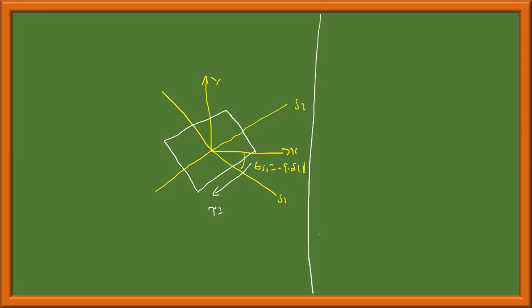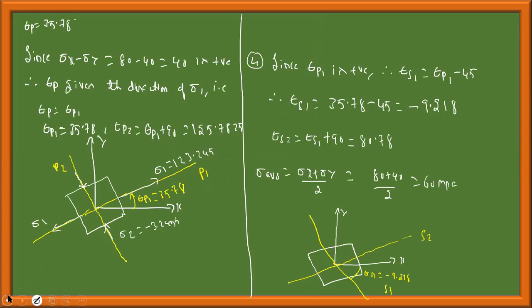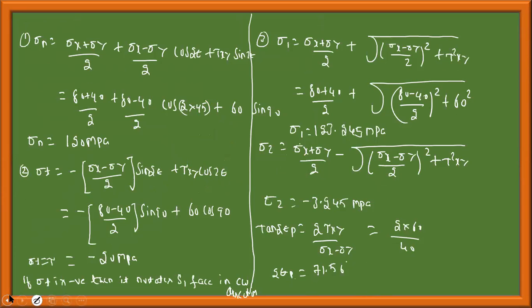What he has done for tau max is taken sigma 1 minus sigma 2 by 2, or you can do it like this. I will use this same formula.